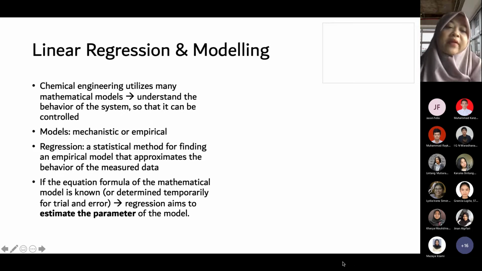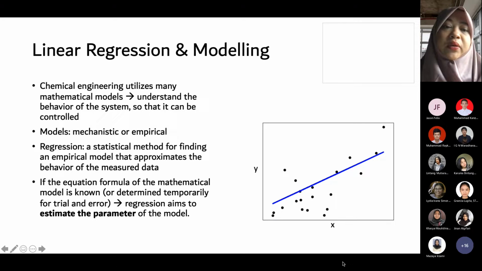Yes, Miss. Okay, so today we're going to talk about linear regression. So what is linear regression? In chemical engineering, in many engineering fields, and maybe in our daily activities, chemical engineering utilizes many mathematical models.